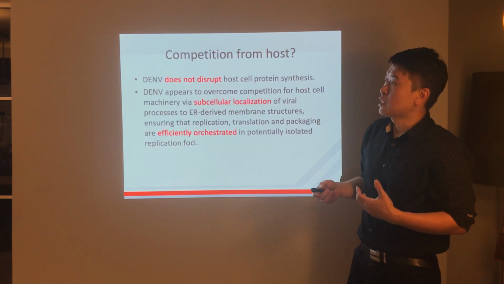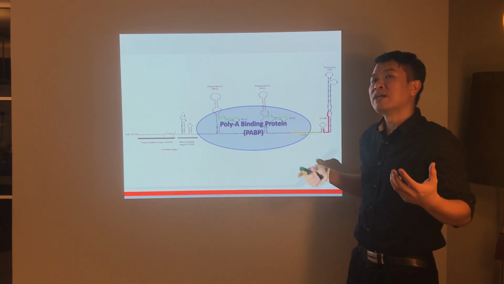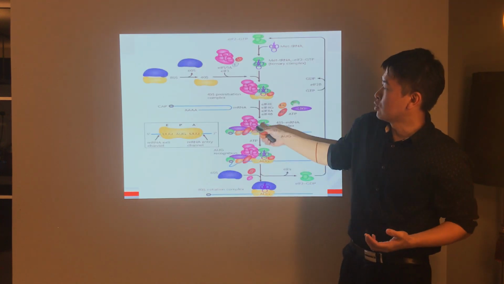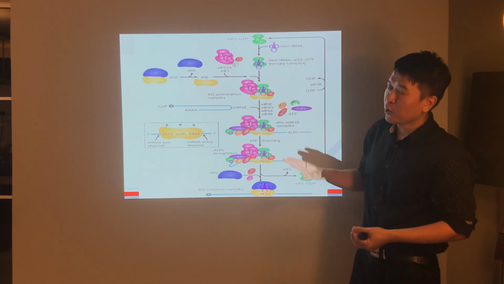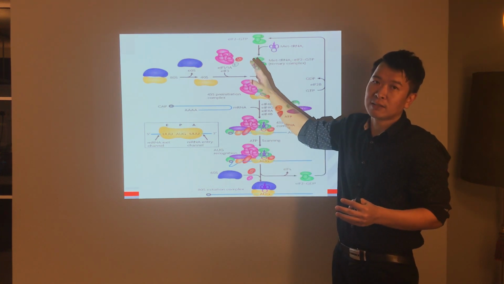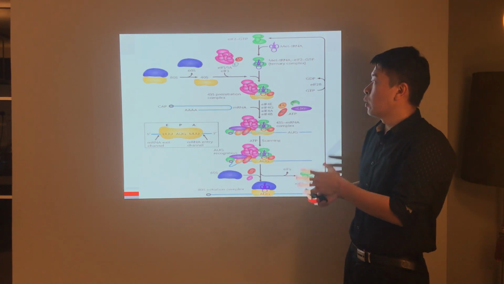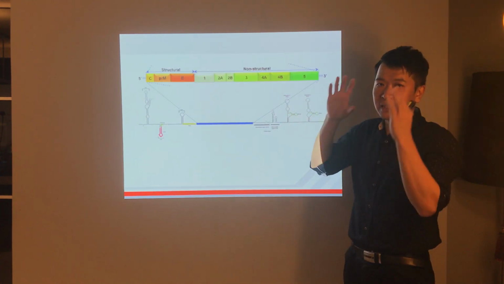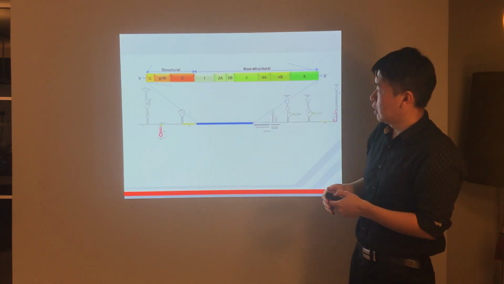So here we already explained how the poly-A binding protein binds, and eventually once they are bound, they go back to the standard translation system. So it's very important for you to understand the basic concept of how the eukaryotic cell produces their protein. Once you can understand that, you will be able to apply that knowledge to any steps along the way.